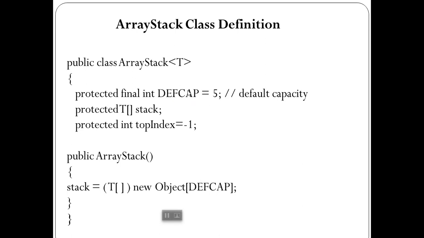For building a class, we need an array called stack, and a variable called top index, which we initialize to -1. This is the constructor, where you allocate the memory for this array.